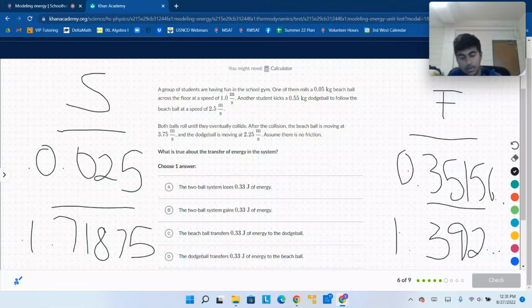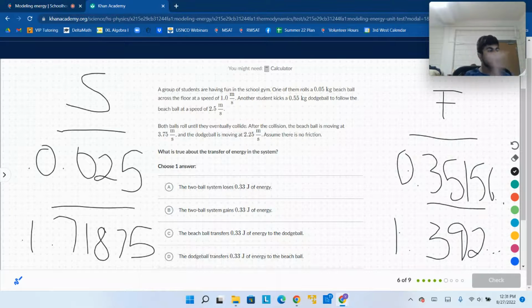So I'm going to add the energy at the end, and I get 1.74375. I'm going to add the energy at the beginning, and I'm going to get 1.74375. All right, so this is a perfectly elastic collision.